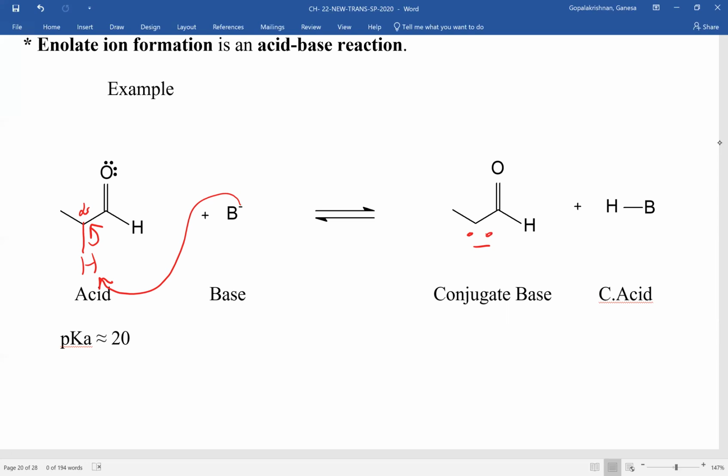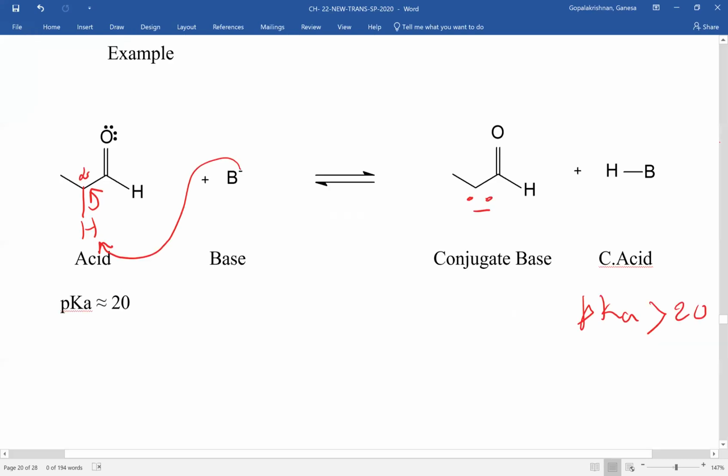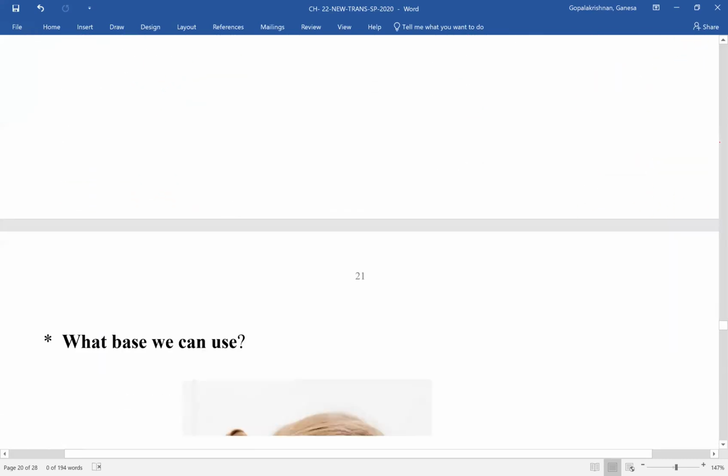For this reaction to happen, we learned in chapter 2, the conjugate acid's pKa must be greater than the pKa of the aldehyde or ketone. We used it as an acid. So what kind of base can we use then?